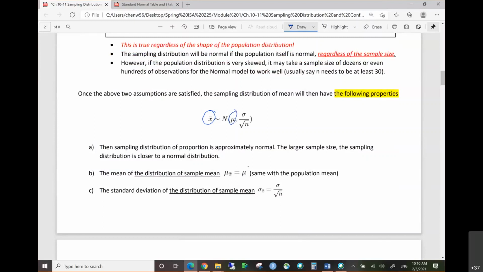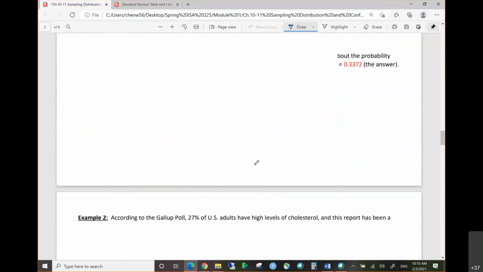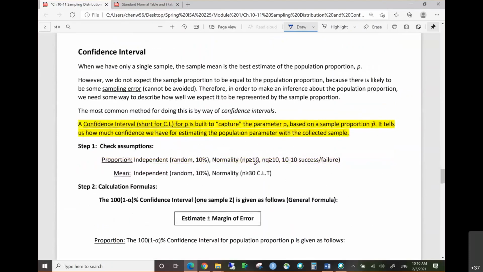And then we want to use this relationship: what if we have only one sample? How can we use one sample to estimate the population?